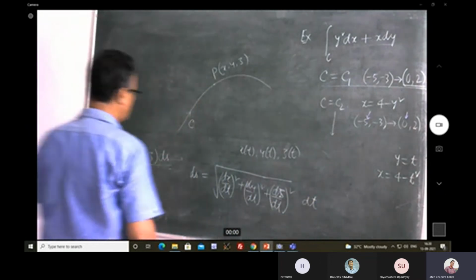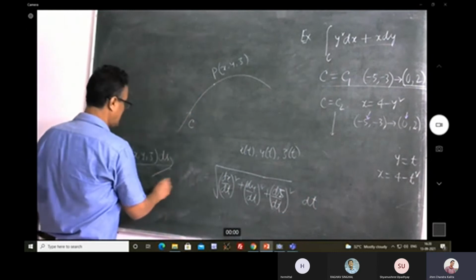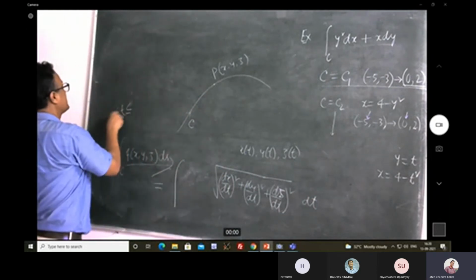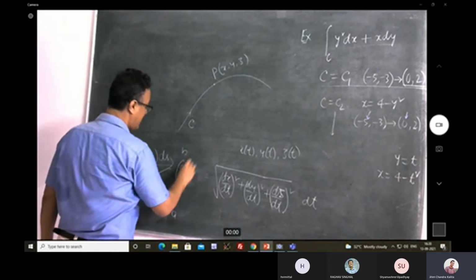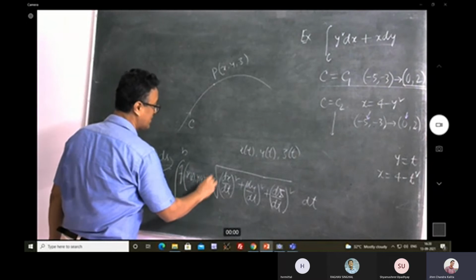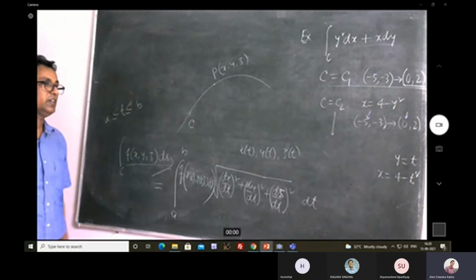So this one is simply going to be, if t lies between a and b, the integral from a to b of f of x(t), y(t), z(t) times this. That's it. Is it okay?